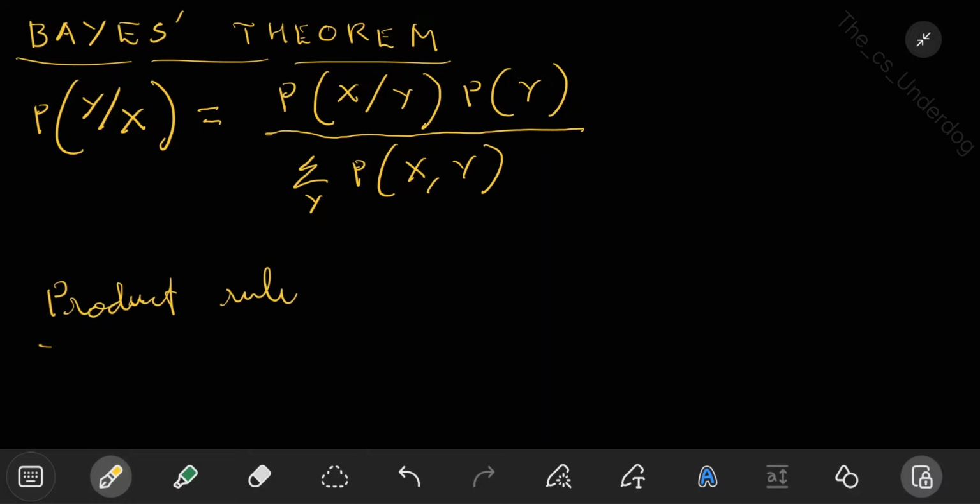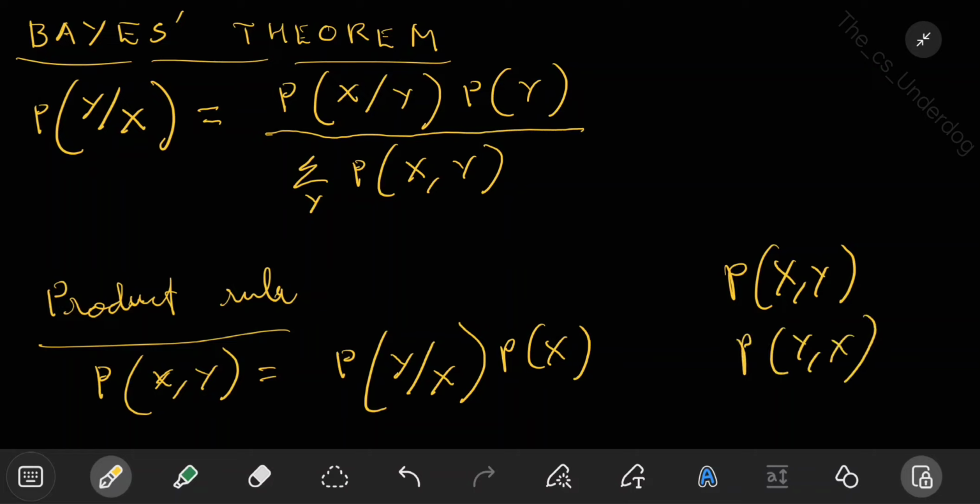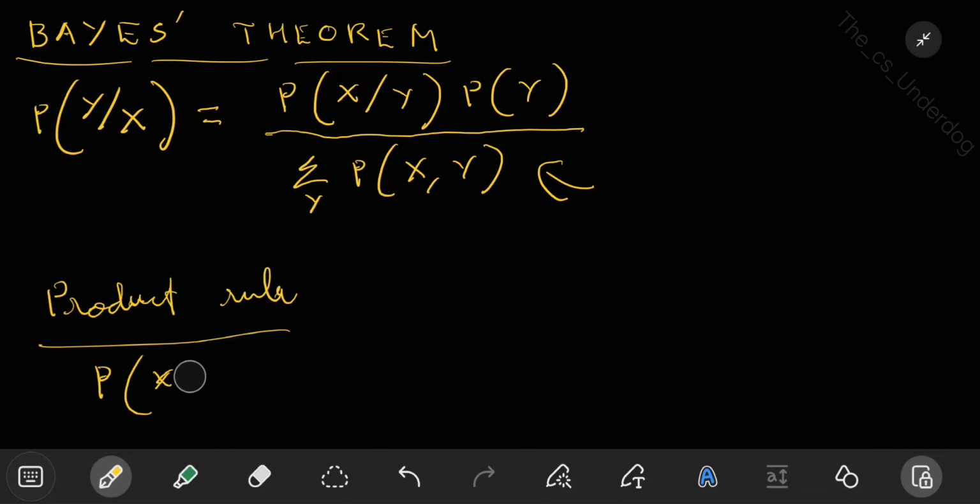Now I'll take the product rule again. This whole derivation is made up of the product rule and the sum rule. From the product rule, we know P of xy is equal to P of y given x into P of x. We also said P of xy and P of yx are one and the same, so instead of P of xy, I can write P of yx.